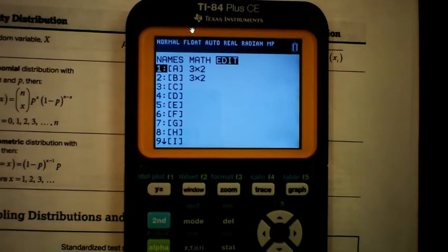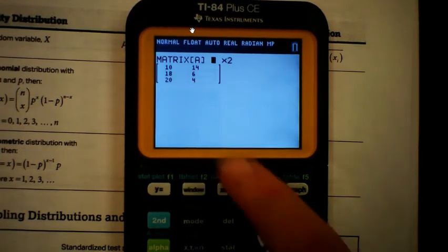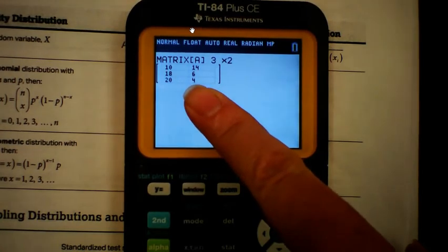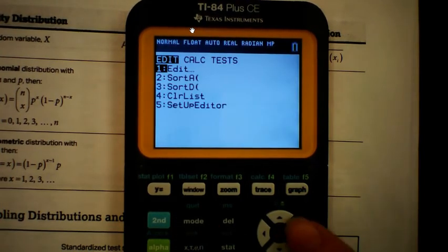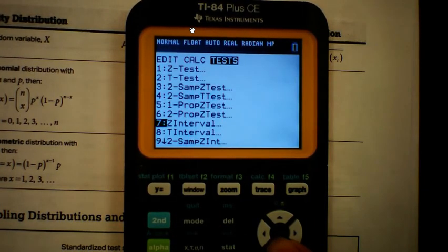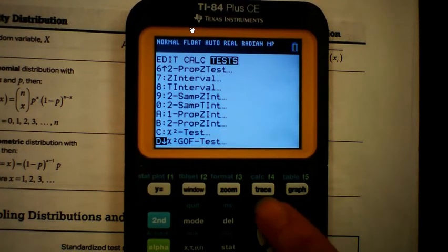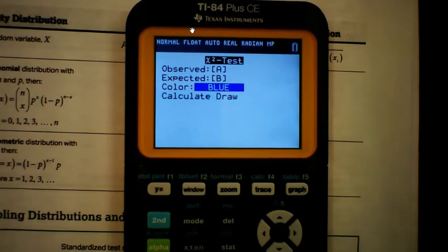Okay, let's go to our matrix. We make sure that we've entered in the data. It was a 3x2 matrix. Then I quit, go into stat, tests, go down to the chi-squared test, tell it that matrix A is observed. It's going to generate matrix B for us.